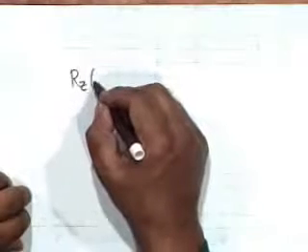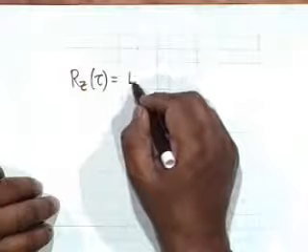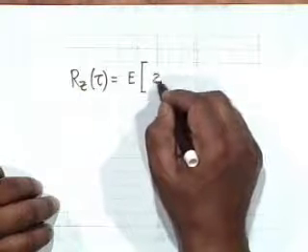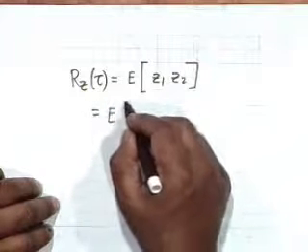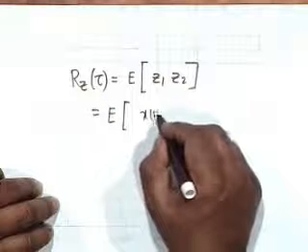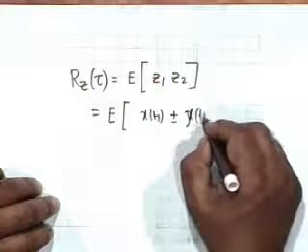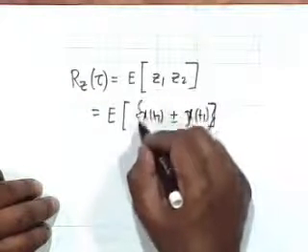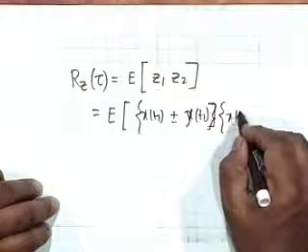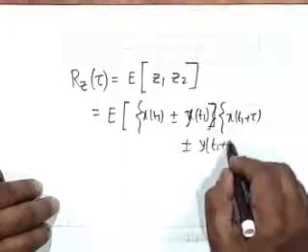Let us see. Rz of tau, the autocorrelation coefficient of the process z, is the expected value of z1 multiplied by z2, which is the expected value of x of t1 plus minus y of t1, multiplied by x of t1 plus tau plus minus y of t1 plus tau.